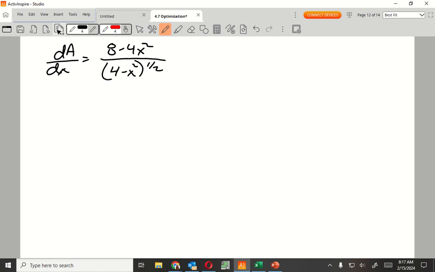Okay, now, my whole point was trying to get to this point right here where I set this equal to 0. So I go 0 is equal to my 8 minus 4x squared. Now I can clear out that bottom, right? Danny, how would I clear out the bottom?